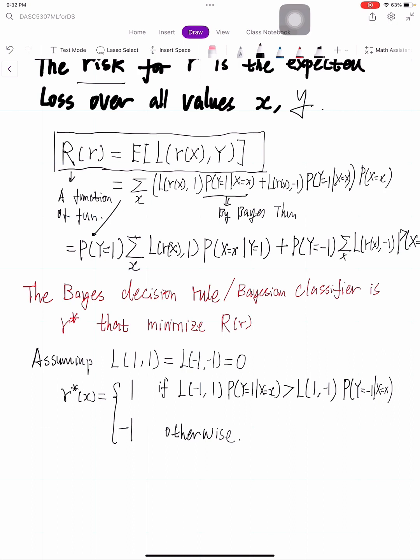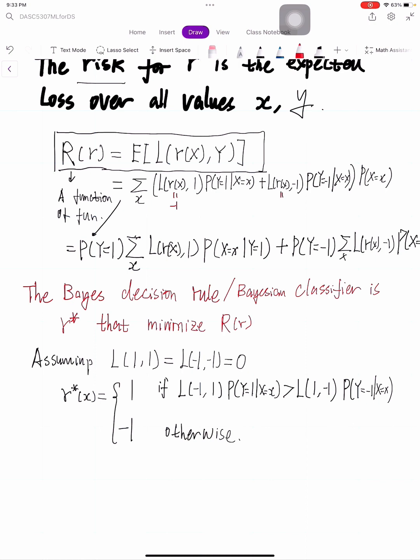Intuitively, that's easy to understand, right? But actually, its proof is straightforward from the definition of this risk function. Here there is a very simple proof.